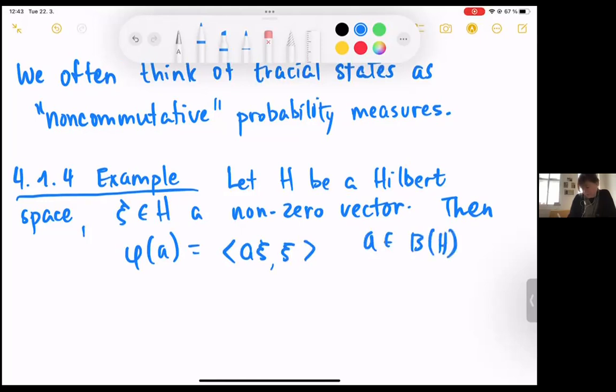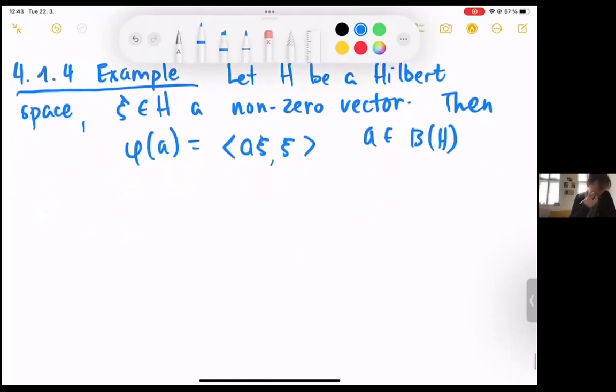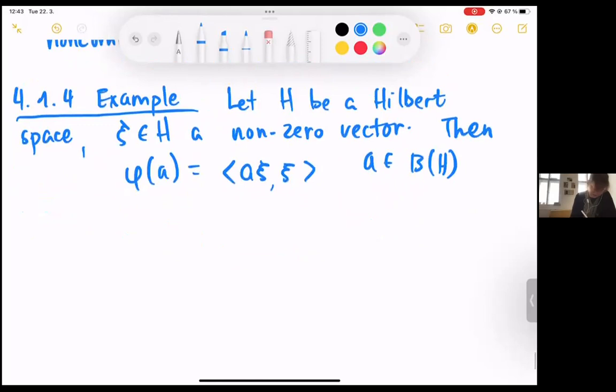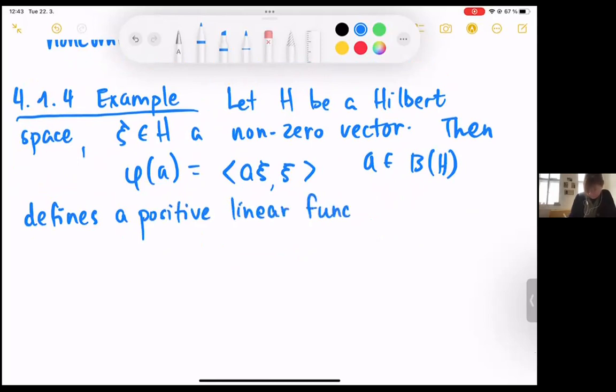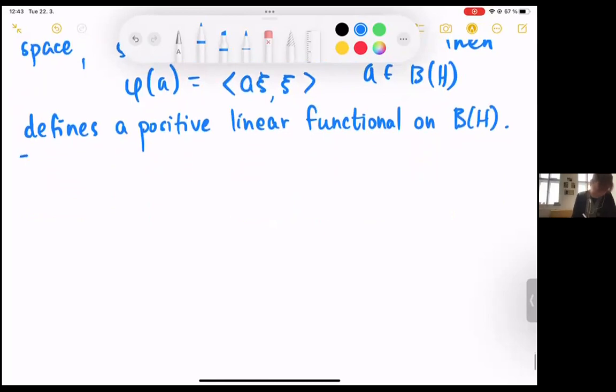This defines a positive linear functional on B of H. And it won't be tracial unless H is finite dimensional.